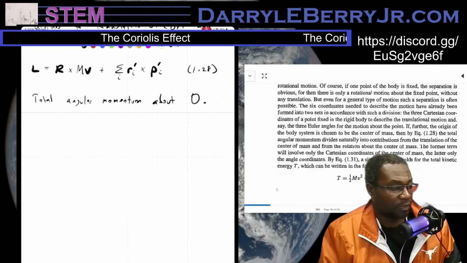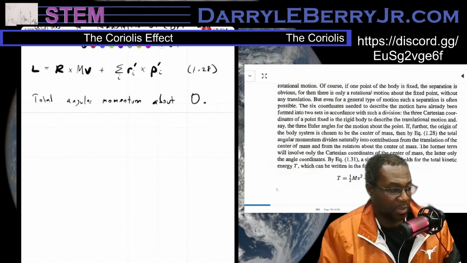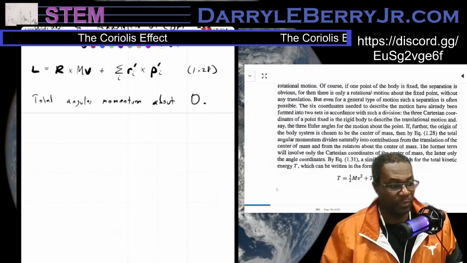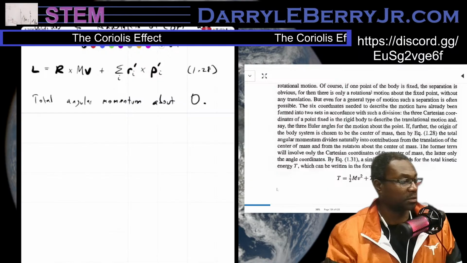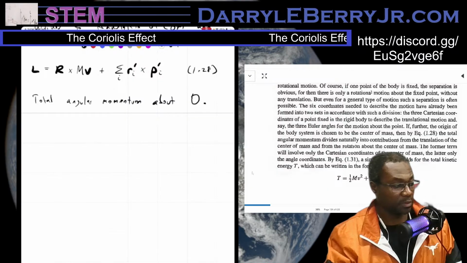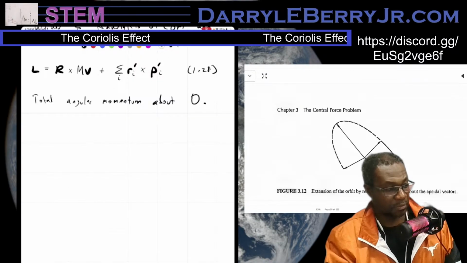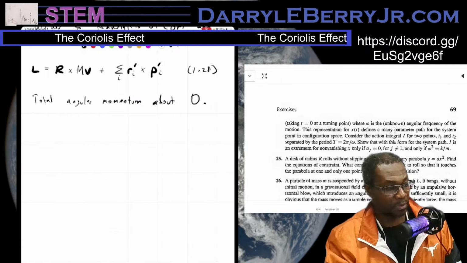The former term will only involve the Cartesian coordinates. 1.31, a similar division holds for the total kinetic energy, which can be written in the form... let me go back to 1.31.